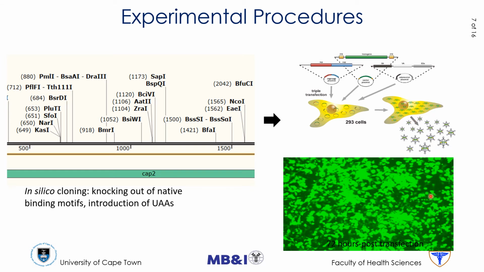This image shows 72 hours post transfection, with HEK cells successfully expressing the EGFP reporter protein encoded on the plasmid. I then went ahead to purify this virus for downstream experiments.